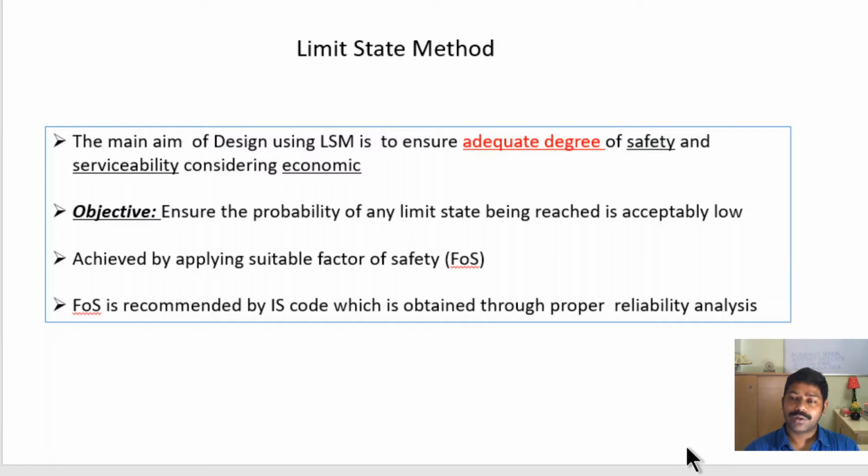Though it cannot guarantee that the structure will not fail, the probability of failure will be low. For the same reason, the IS code does statistical and reliability analysis to recommend the factor of safety for the loading or stress conditions, and you can use that factor of safety for your design purpose.